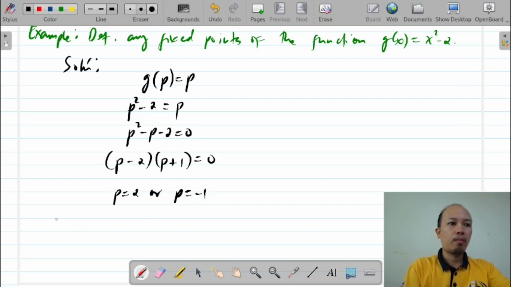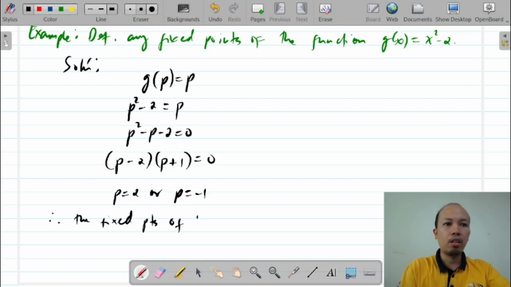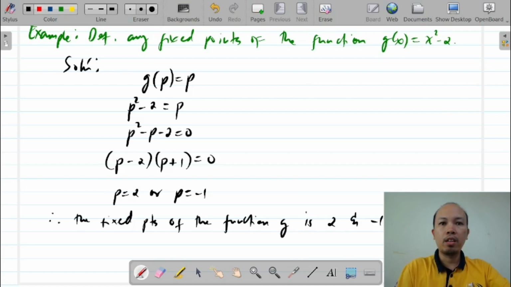So therefore the fixed points of the function g is 2 and negative 1.